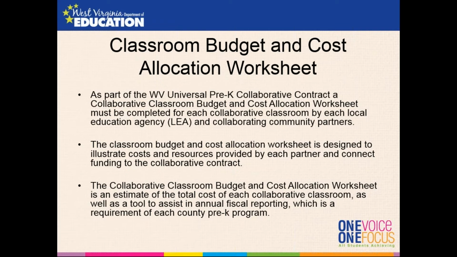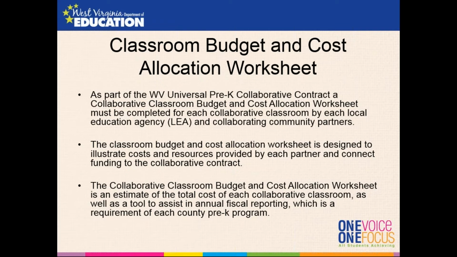This worksheet is designed to illustrate the cost and resources that each partner brings to the table. If there are things that one program wants to have in place, but it's not necessarily something that is required of both, it may or may not be captured in the collaborative worksheet, and we'll talk a little bit more about that as we go along.